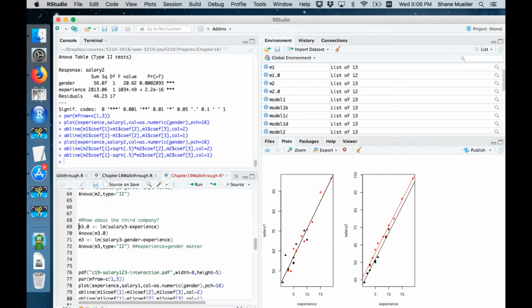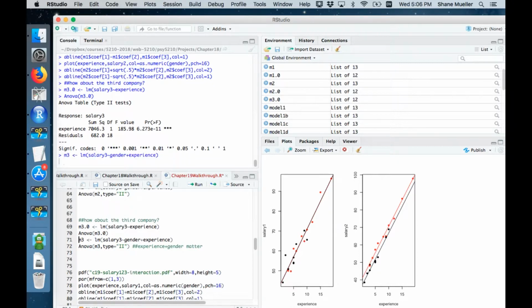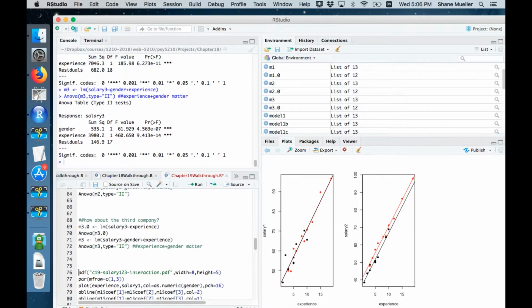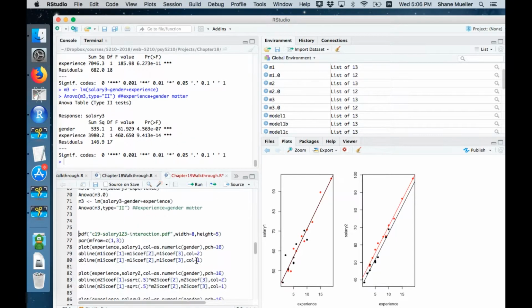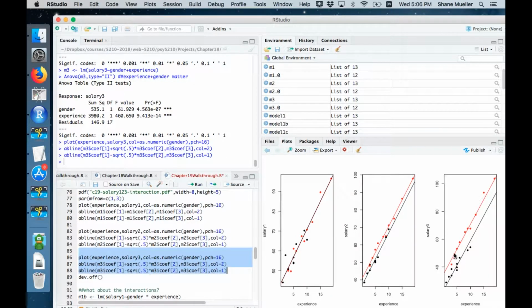What about the third company? Again, we can look at experience alone. We could put gender and experience and do a type 2 ANOVA. And now we see both of them together as well. And I could plot these. And this looks different, but if you look closely at it, we see, oh, maybe we're sort of under predicting here and over predicting here, and over predicting here and under predicting there.